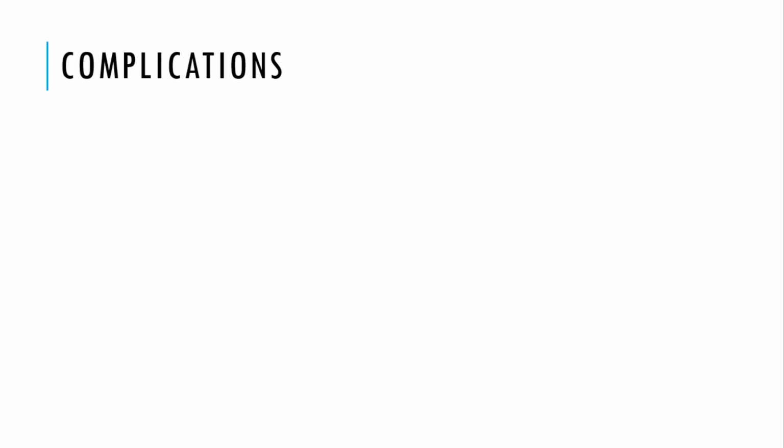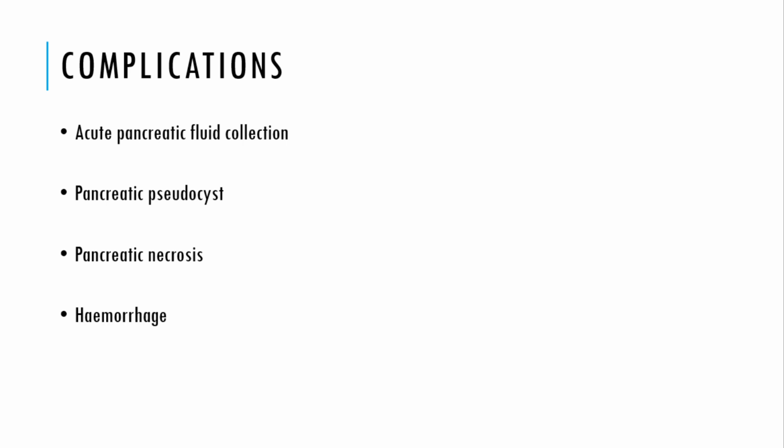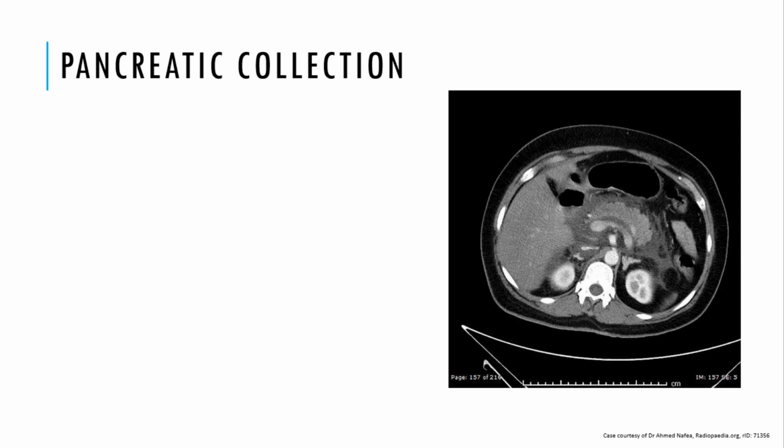There are several complications like an acute pancreatic fluid collection, pancreatic pseudocyst, pancreatic necrosis, hemorrhage, or pancreatic ascites. Pancreatic collection is essentially an acute fluid collection usually around the pancreas.